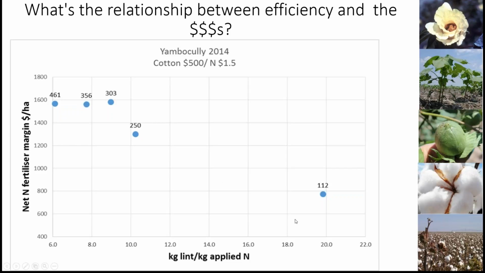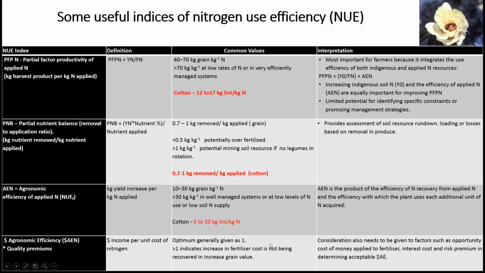The other reason why that's important is because we can turn that into dollars as well. If we know how many dollars we're getting from the lint and how many dollars it's costing for the nitrogen, we get an idea of the economic return from the nitrogen just based on the price of nitrogen, and potentially any risks that we might be taking given the margin between the two.